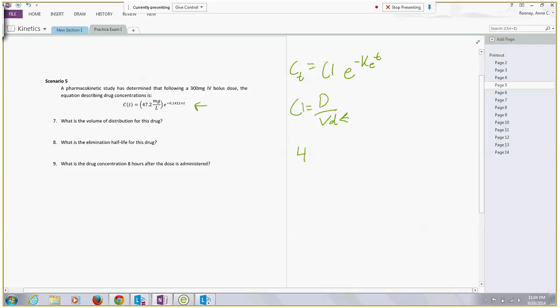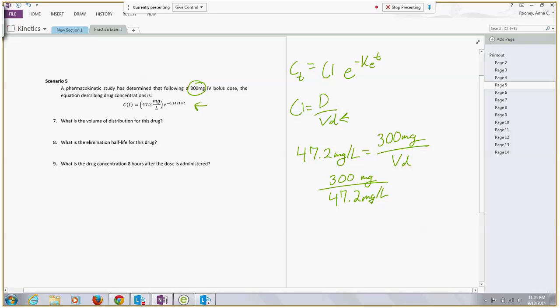So we take 47.2 milligrams per liter, and they already told us that they gave a dose of 300 milligrams. Now we just have to find the liters, x liters. So we move all this around, and we find that 300 can move over 47.2 milligrams per liter.